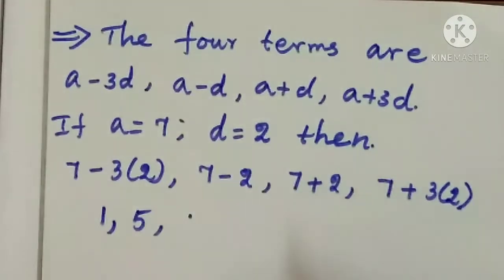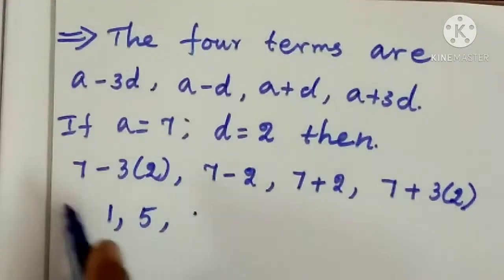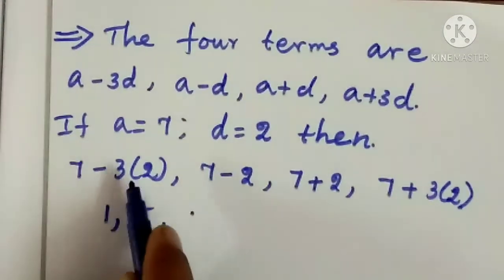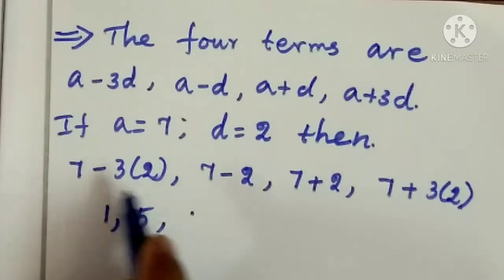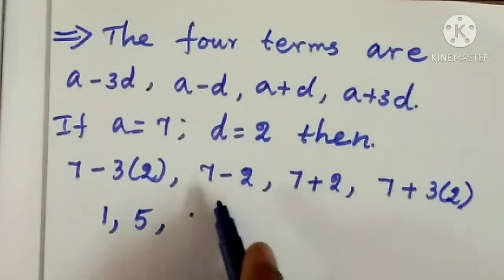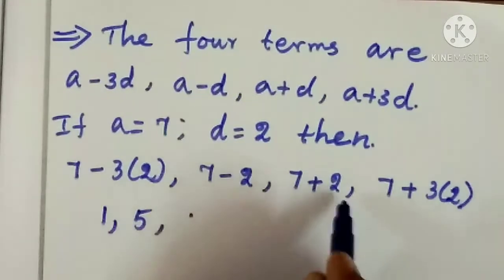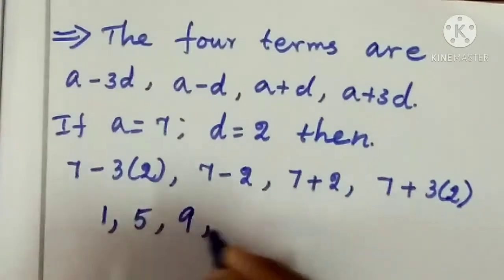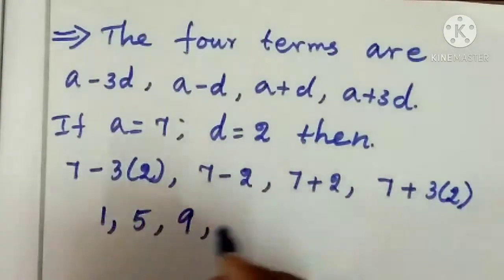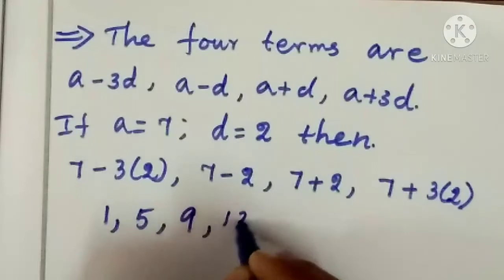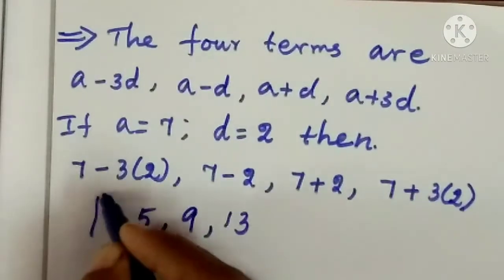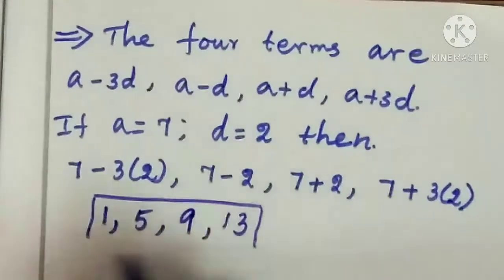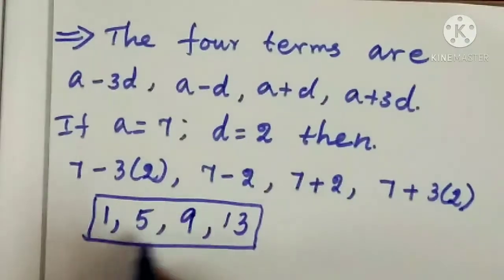Simplifying, 3 2s are 6, so 7 minus 6 is 1, 7 minus 2 is 5, 7 plus 2 is 9, then 7 plus 6 is 13. Hence, the 4 terms are 1, 5, 9, 13.